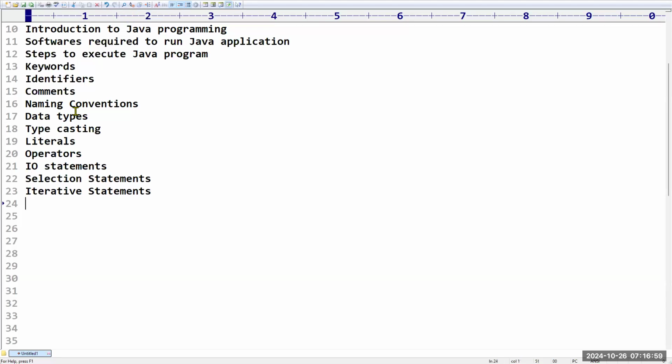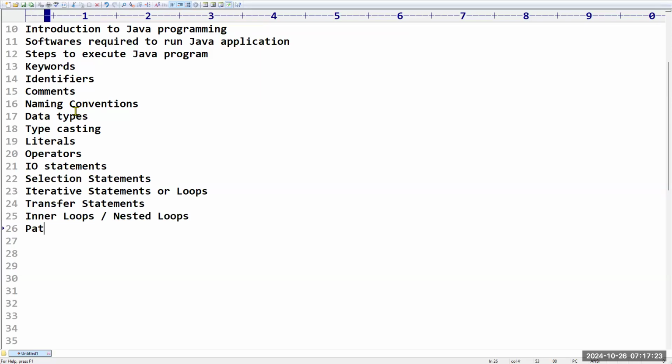Next, we have iterative statements, which are also called loops. Next, we have transfer statements. After that, we are going to discuss inner loops, also called nested loops.